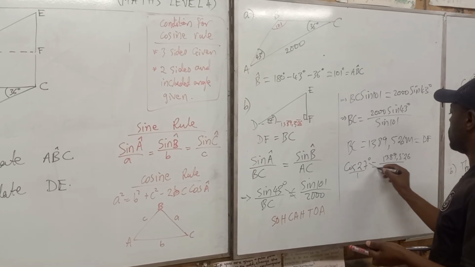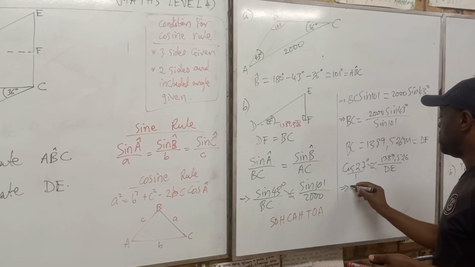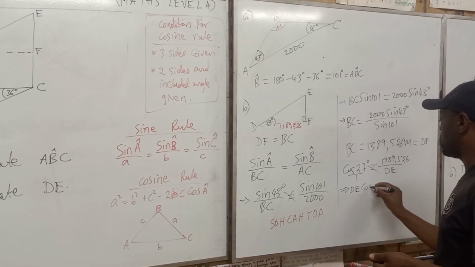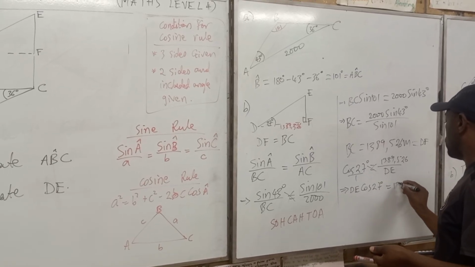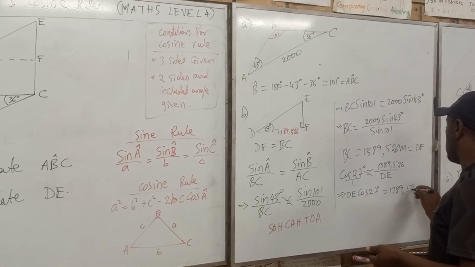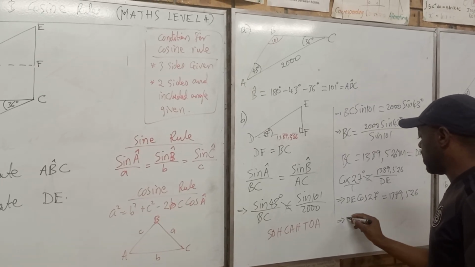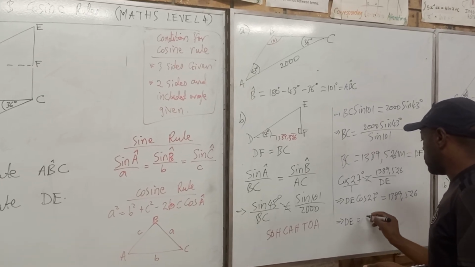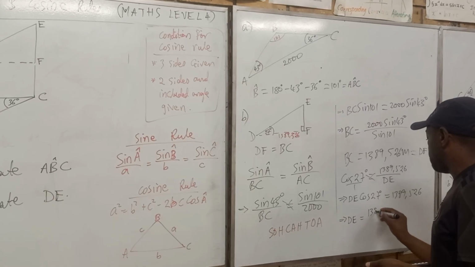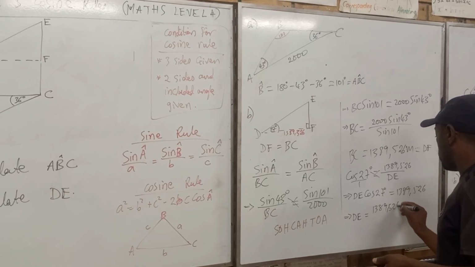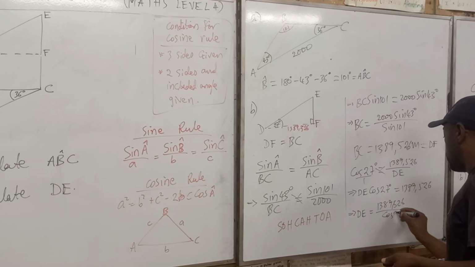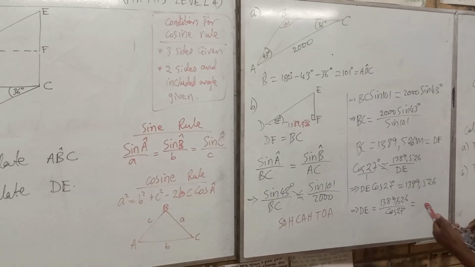Then if I cross multiply, I'll get DE cos 27 is equal to 1389,526. Then I divide both sides by cos 27. That should be able to take me to DE.